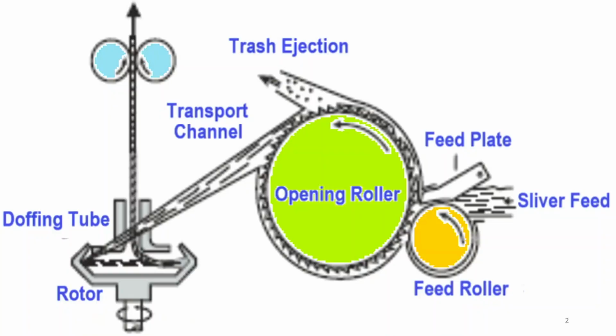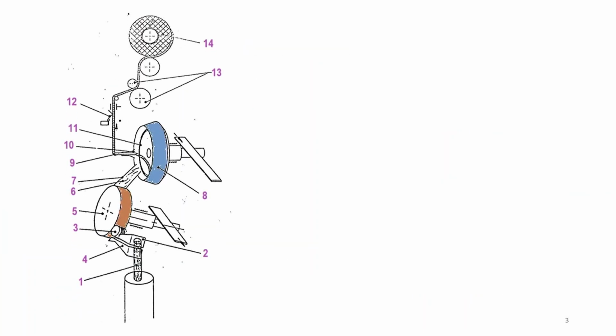This is the typical diagram of the rotor spinning process, as we have already discussed. Here is another view where a sliver is fed from the can, and then a condenser is there, and then it comes to the feed roller.